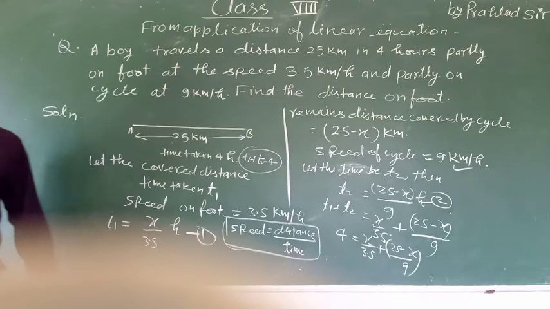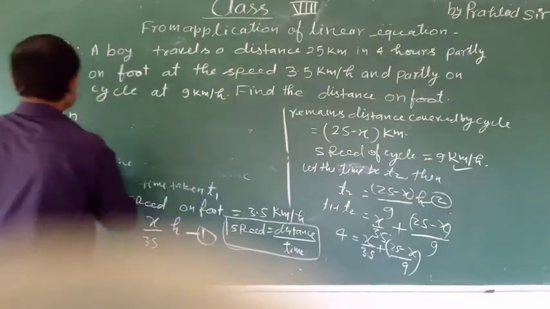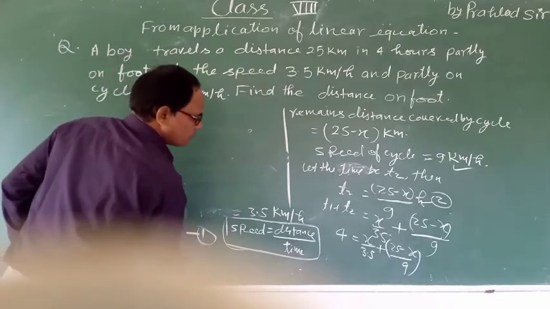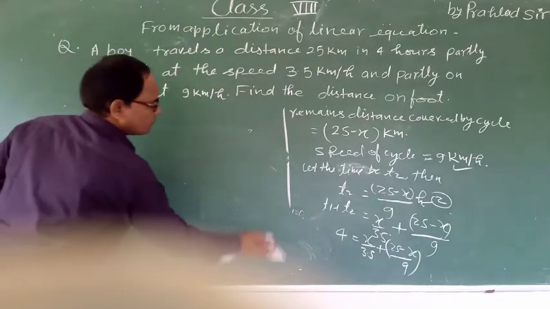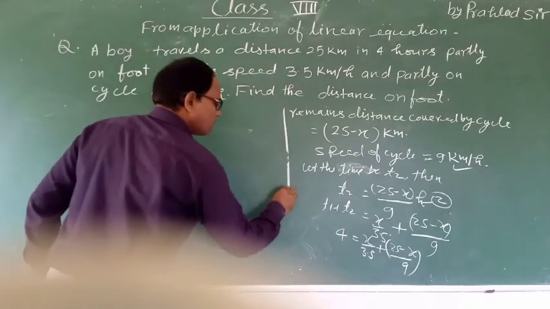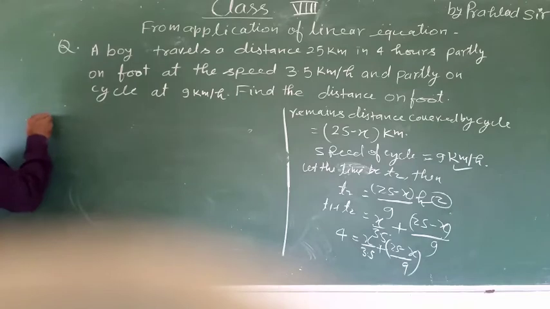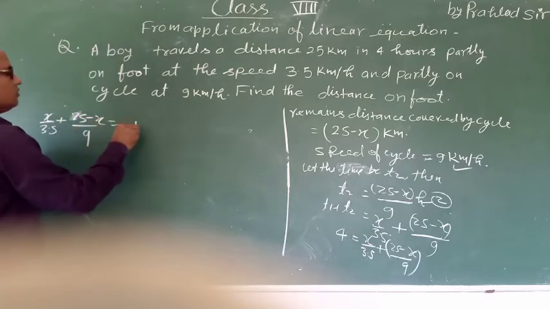Okay students, now solve. We can write x upon 3.5 plus 25 minus x divided by 9 is equal to 4.